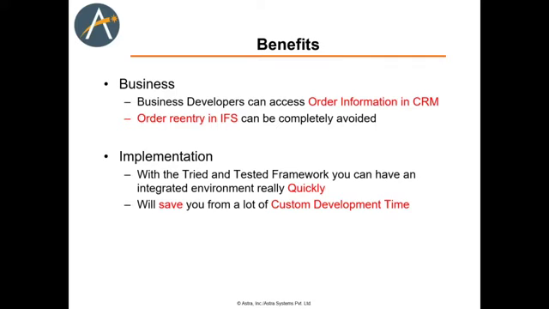They also tried to minimize order reentry into IFS. They had approvals and further process before confirming an order in IFS, but the basic information was transferred over to IFS from an opportunity that's been won in CRM.